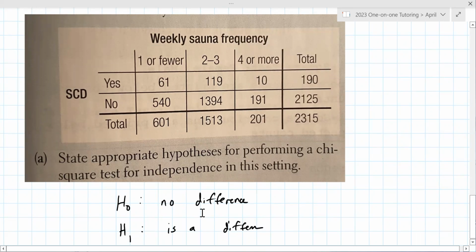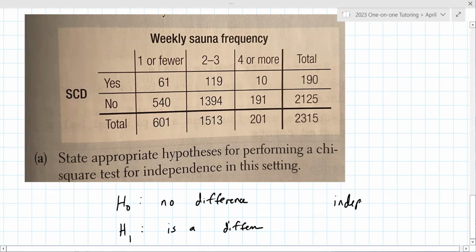The general null and alternative hypothesis: there's no difference, and then there is a difference. There's no difference between the two categories, SCD and weekly sauna, or there is a difference between them. It really comes down to how much your teacher wants you to write.